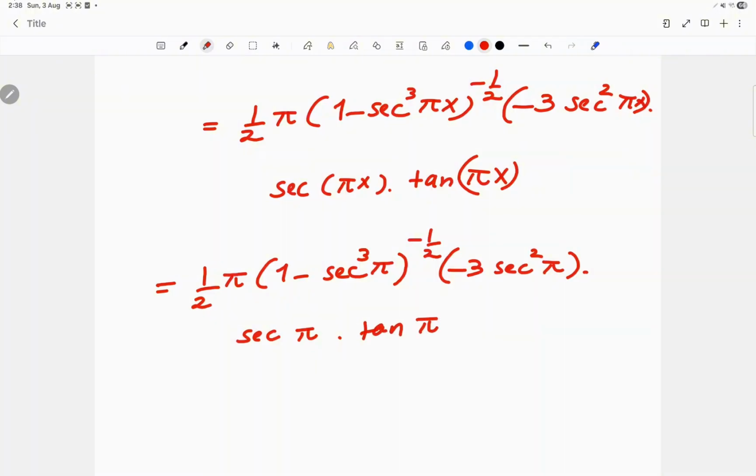Now, can someone smart tell us what tan of pi is? You can Google. Would you like to use Google? Maybe. I allow it for now. Exactly. So the whole thing becomes 0.